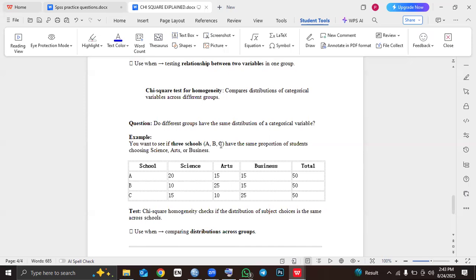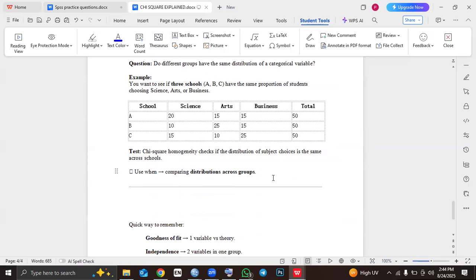So, for example, assuming we want to see if three schools, that is school A, B, and C, have the same proportion of students who want to do science, arts, or business. In our contingency table here, we have the schools A, B, and C being crossed with science, arts, and business, and then the respective observations seen there.